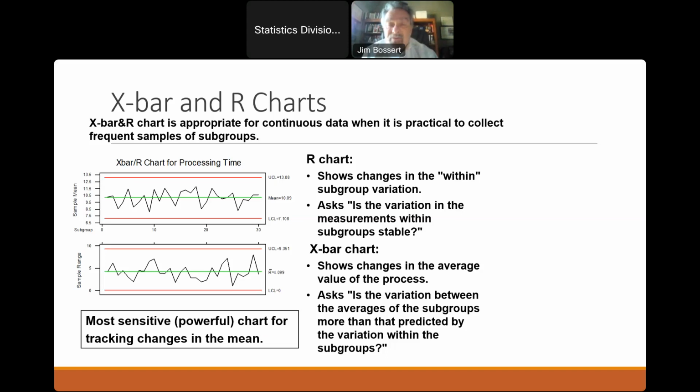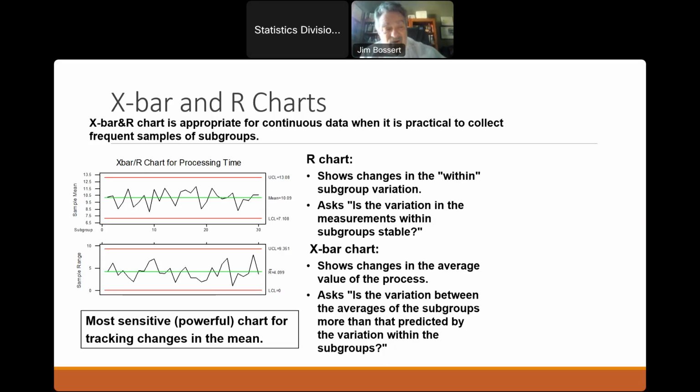XBAR chart. So we're looking now to see what are the changes in the average. Are the changes just random variation going on, or is there something happening? In this case, looking at this, it is just random variation. So we should be very happy. We wouldn't have to touch anything or do anything. It's doing exactly what it should do. So that's the kind of thing that we're looking for.